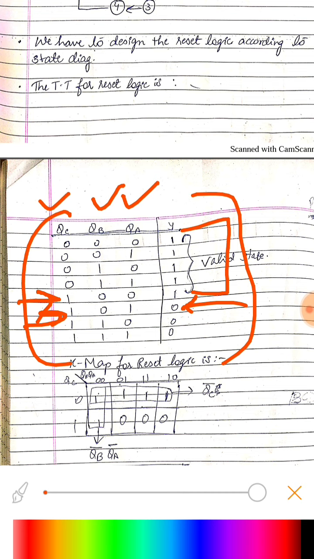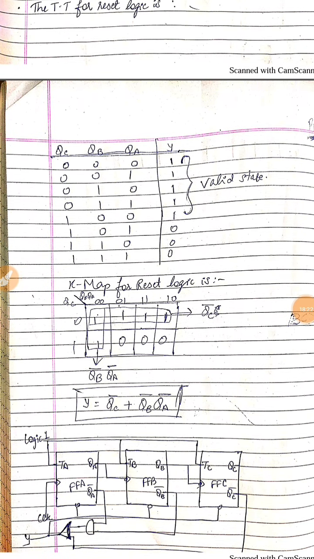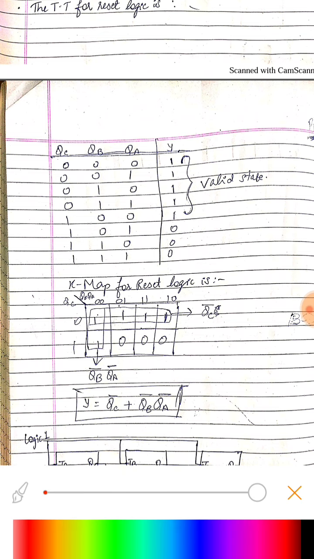So we would calculate the algebraic expression for this reset or clear output y using the K-map. Here we would need an 8-cell K-map, as we have 3 inputs, QA, QB and QC, and our output comes out to be QC bar plus QB bar into QA bar.